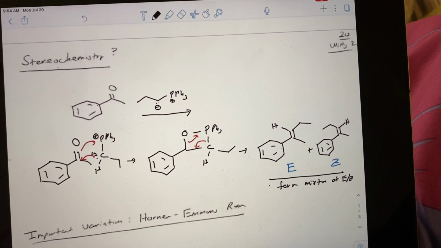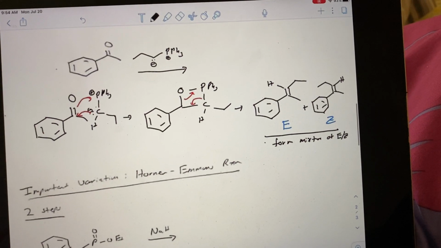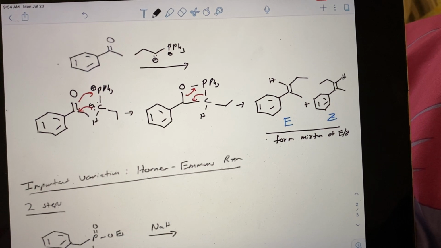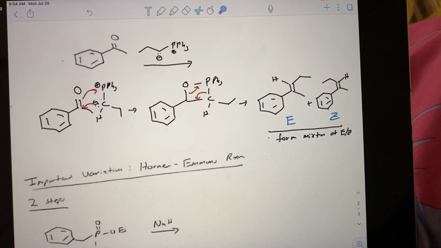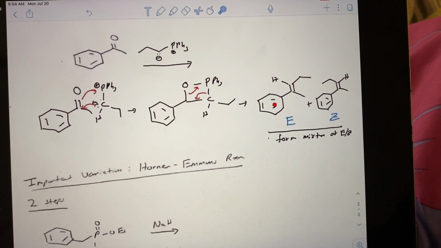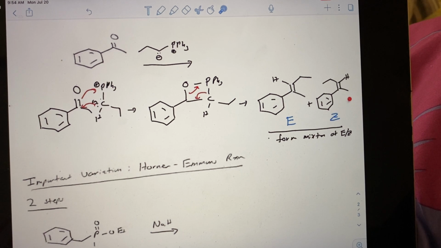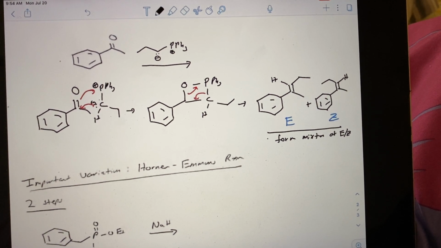And we're not going to go into it, but it's actually quite complicated as to which one is going to be the dominant product or the major product. In the simplest case, it would seem like the E would be the major product because it's going to keep the two larger groups away from each other. However, a lot of times in these Wittig reactions, it actually is the Z product that is the major product.